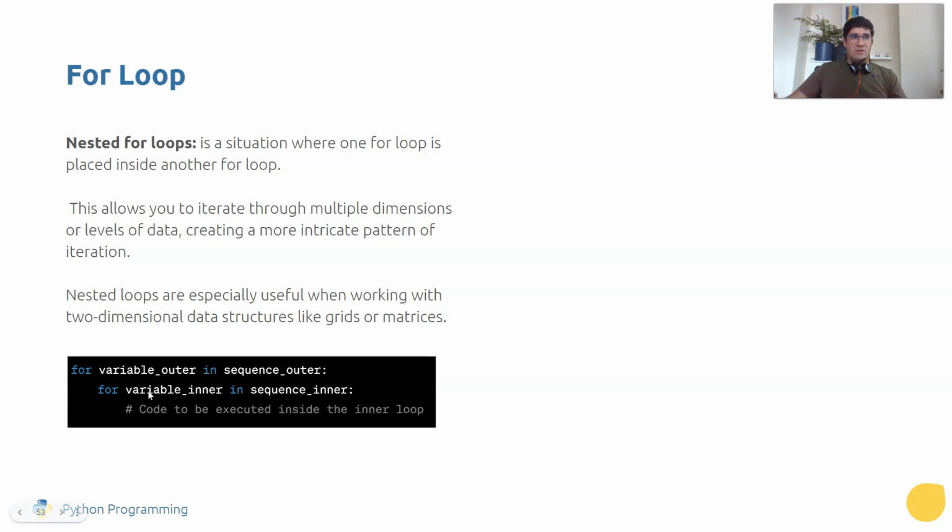And then it will come inside and assign the first element from the inner sequence to the inner variable, and then it will run this code, and then it will return to the inner variable and continue the process with the inner loop until reaching the end of the inner sequence. So in fact, for each element in the outer sequence, we will run the whole inner for loop. We will visit all the elements inside the inner sequence.